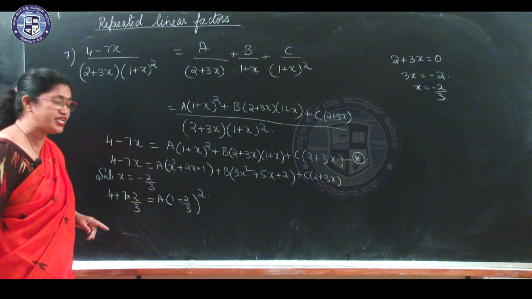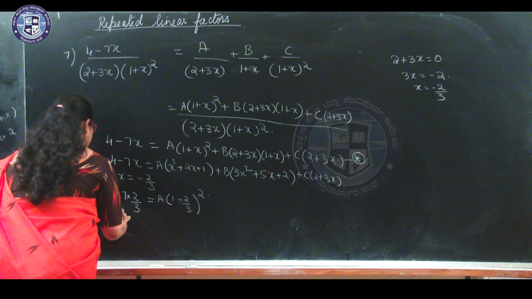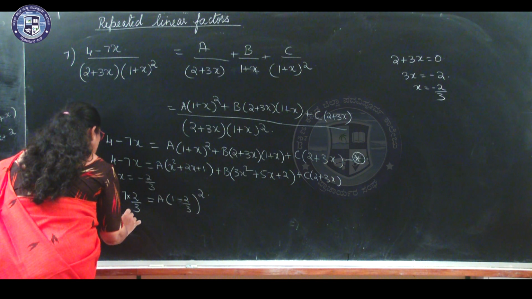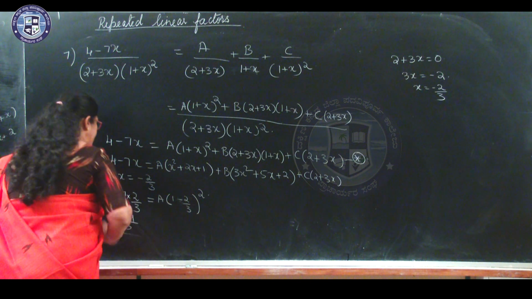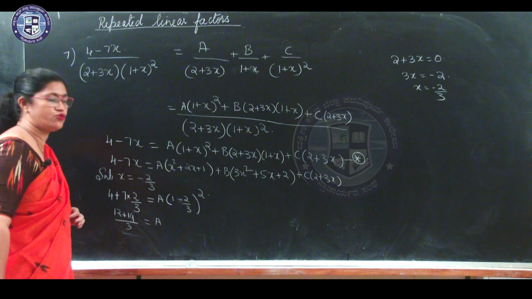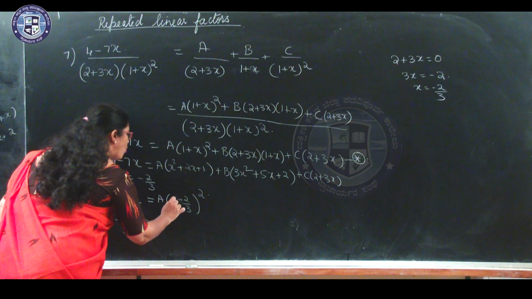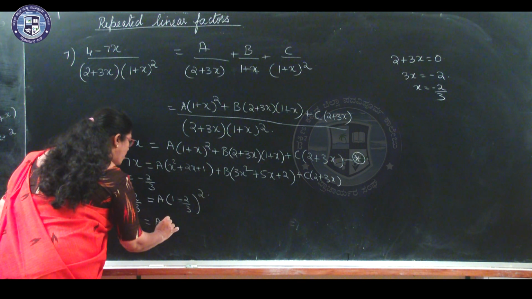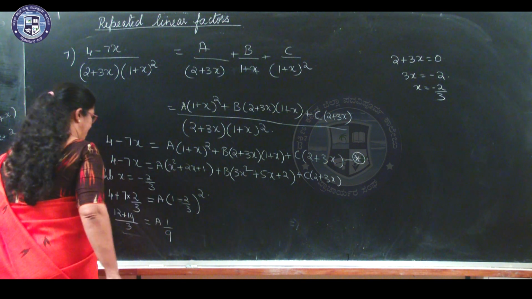Do the calculation carefully, take the LCM: 12 plus 14 divided by 3 is equal to A into 1 minus 2 by 3 is 1 by 3, 1 by 3 the whole square is 1 by 9.